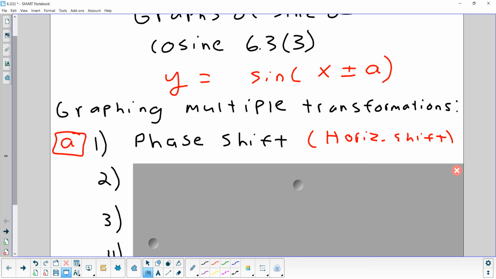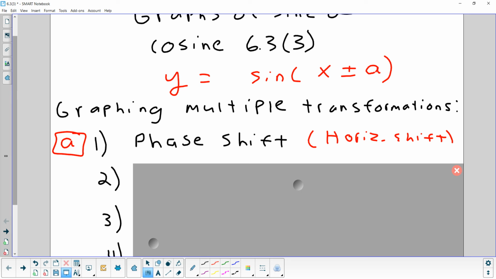Okay, what would be the next thing we look for after we do the horizontal shift? And this would be represented by B. Is it horizontal stretch?